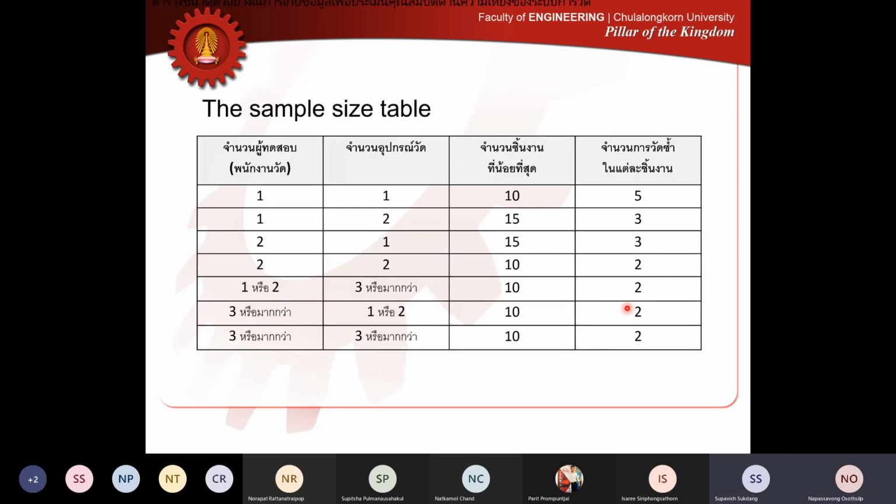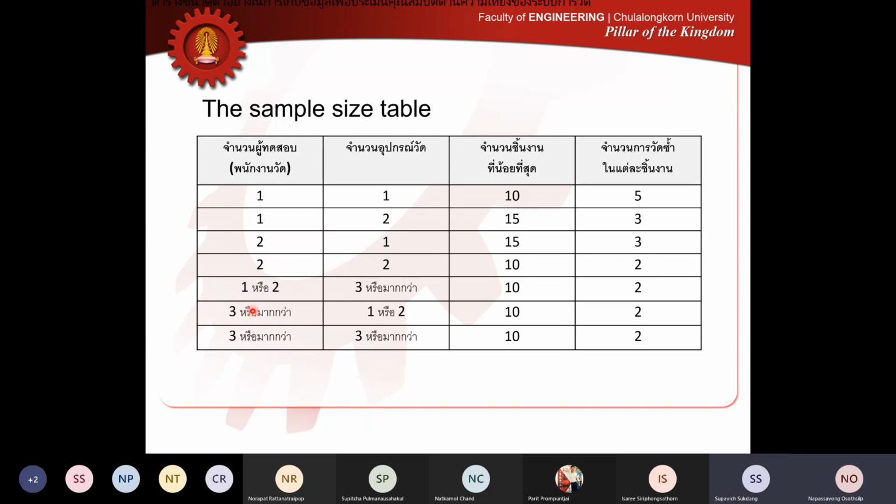Suppose we are appraising 1 measurement system. 3 parts. No. First, we have to take a look at the number of operators that we have. In this case, we have 3 operators, is that right?